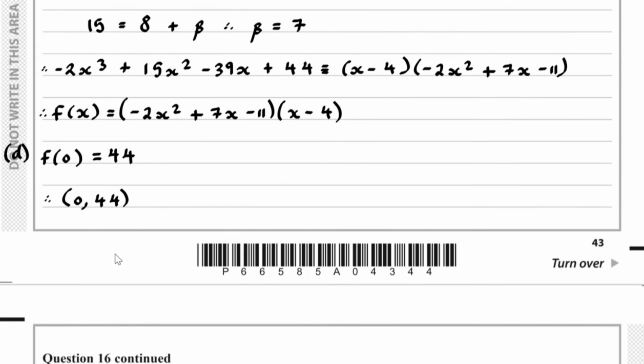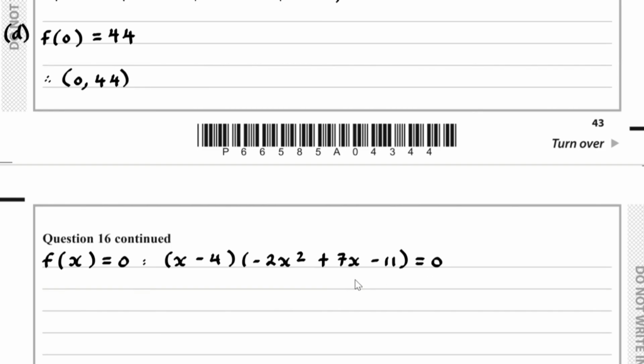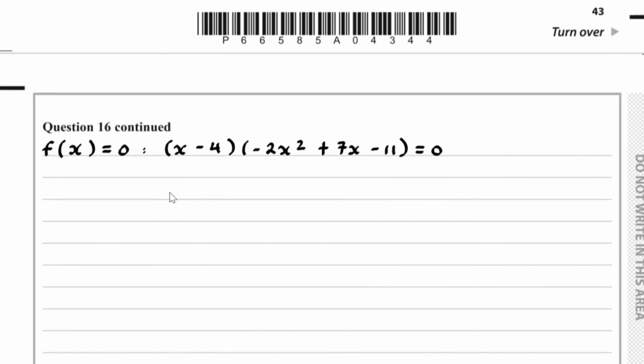And if I solve the equation f of x equals 0, we've got x minus 4, lots of minus 2 x squared plus 7x minus 11 equals 0. So either x minus 4 is equal to 0, from which we can conclude x is equal to 4.